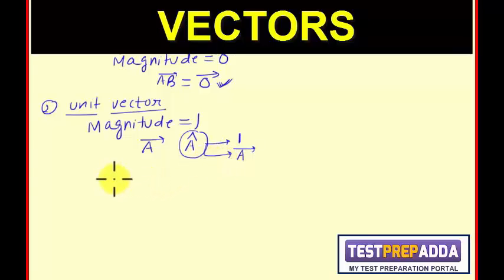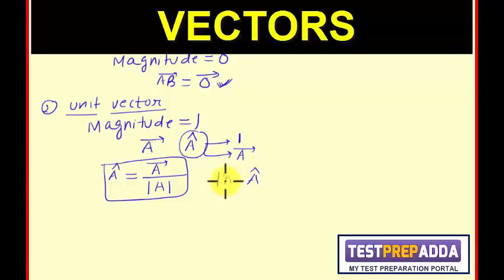So if I want to find this unit vector, I will take vector A and I will divide this vector with its magnitude. So you can say here the magnitude now becomes 1, but the direction is same as the direction of vector A. So if a unit vector is multiplied with the magnitude, we get the vector.